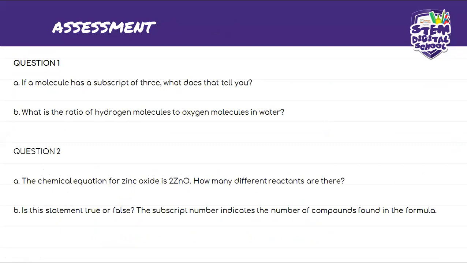What is the ratio there? Then question 2, the chemical equation for zinc oxide, for example, is 2Zn + O2 gives 2ZnO. How many different reactants are there? Don't be bothered about the 2. Just look at how many reactants there are. And B, is this statement true or false? The subscript number indicates the number of compounds found in the formula.